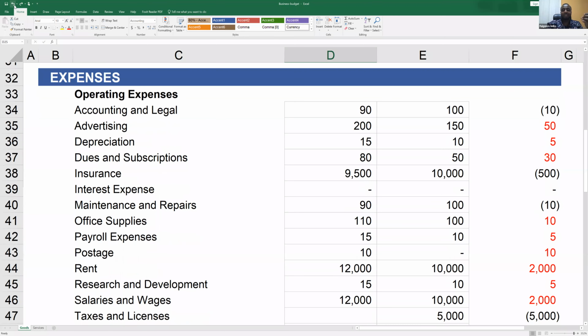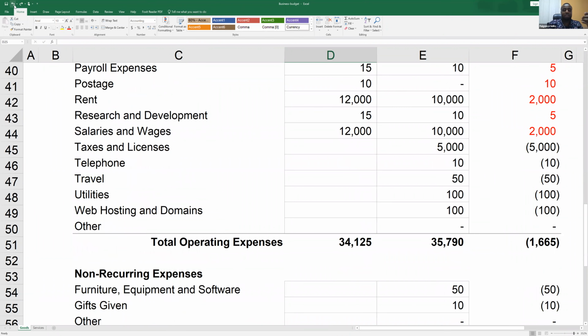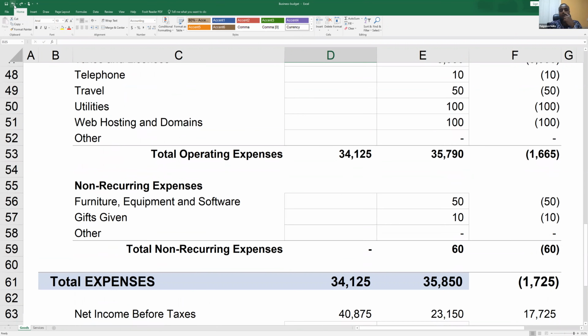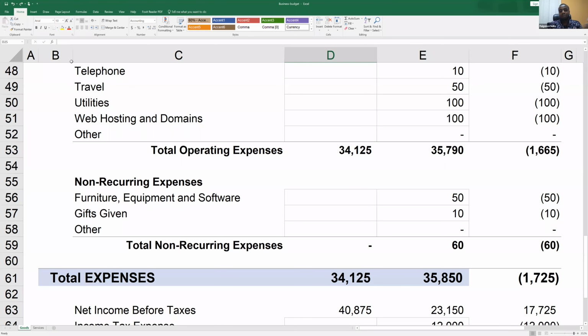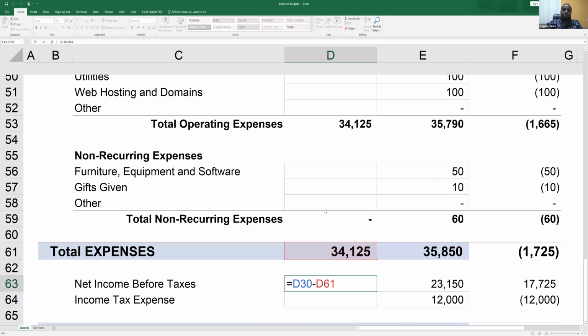Then we have our expenses. After putting your expenses, you'll have your total expenses plus any other non-recurring expenses. It will give you total expense of 34,000 Kenya shillings. So after having this one, we'll have the net income, which basically is the gross profit, which is the total up here.